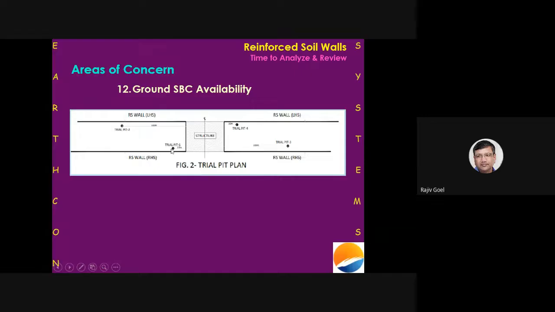I think we need to have not only trial pits, but also bore logs for the approaches, which contractors do, but only once they are asked for. Otherwise, they'll give you the abutment soil investigation report, and you will need to make the best use of it.